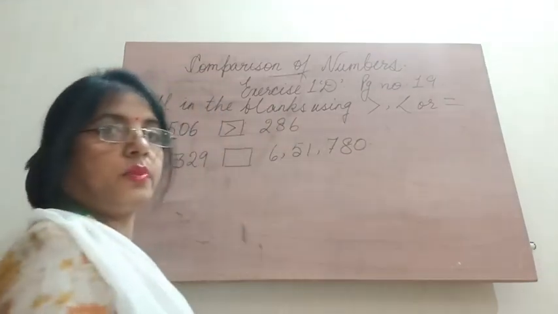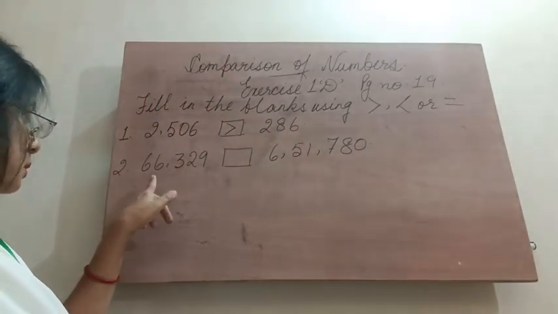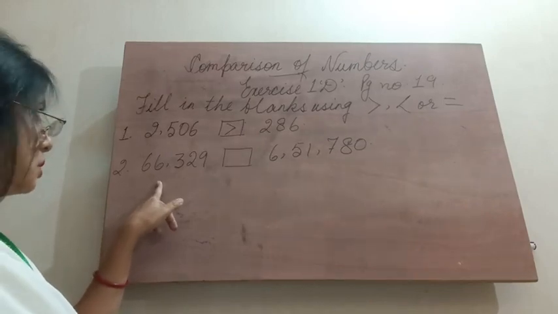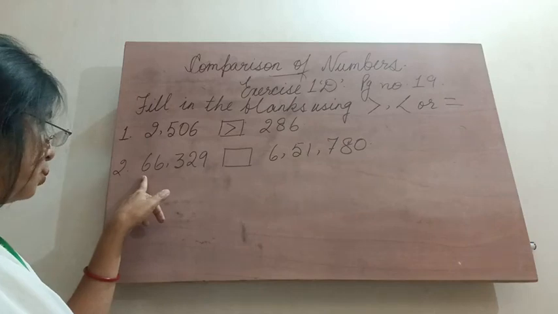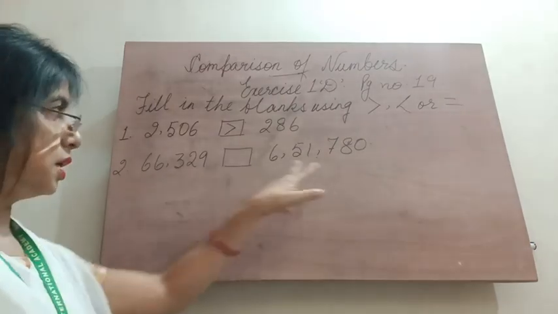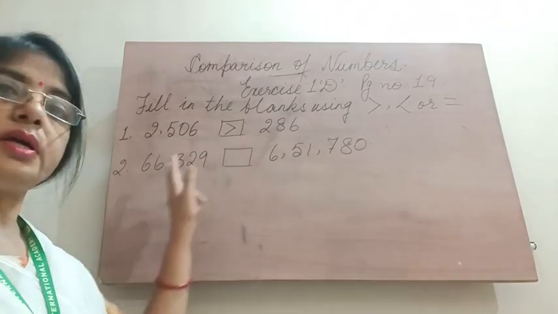Here also remember rule 1. According to rule 1, both the numbers have a different number of digits.